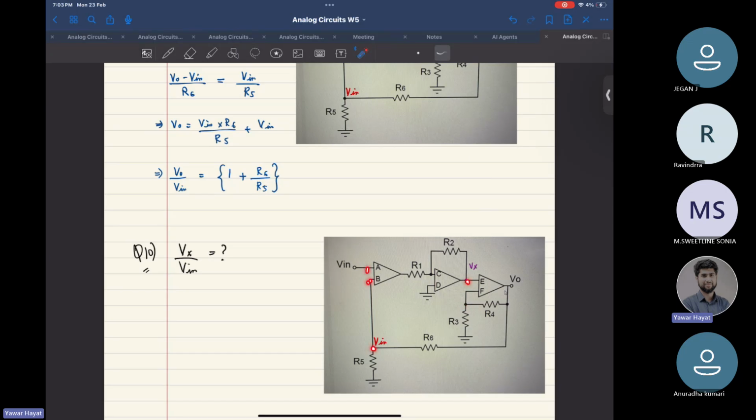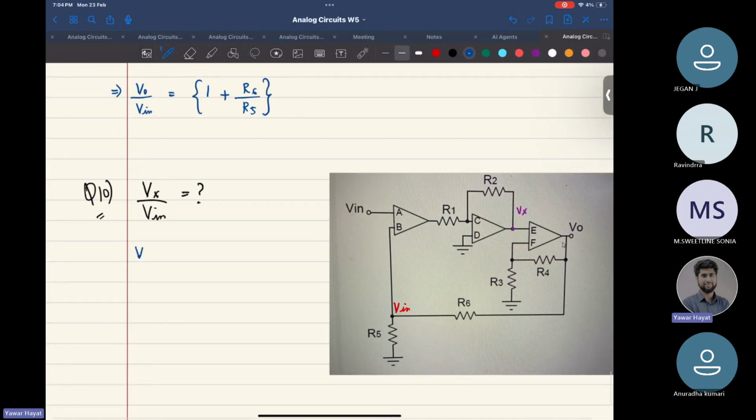Virtual short, virtual short. And then I would use KCL at this node. Current going in is current going out, right? What is current going in? Write an expression for that. That is VO minus Vx whole divided by R4. And that is equal to what?